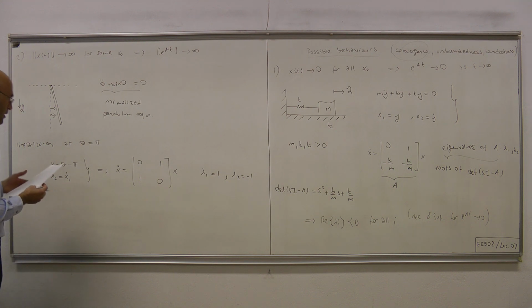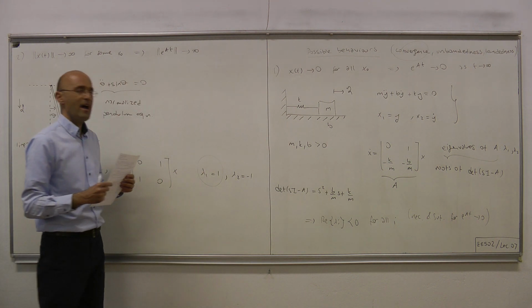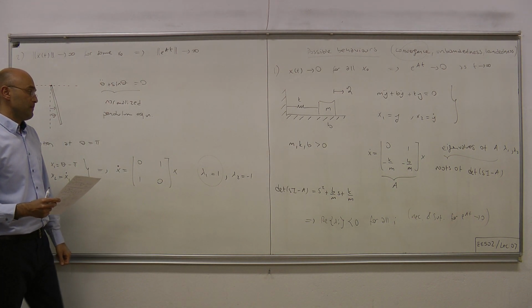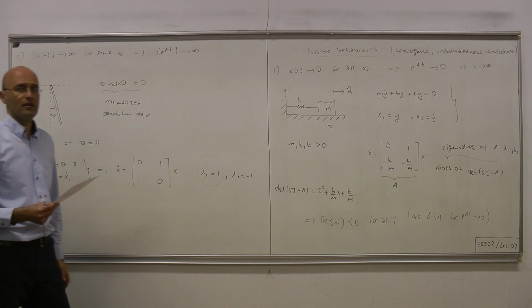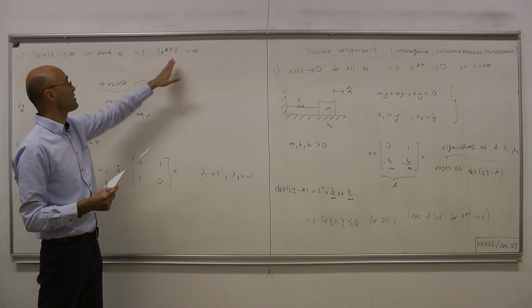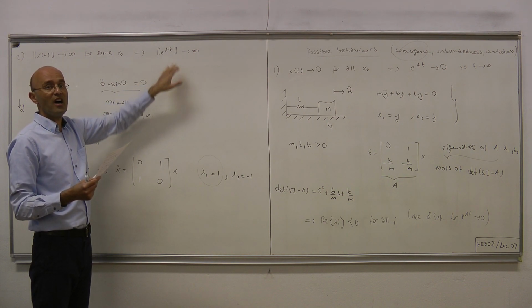Now, that we have an eigenvalue with a positive real part, or on the right half plane, is closely related, for this example at least, to the behavior that the state transition matrix is divergent.